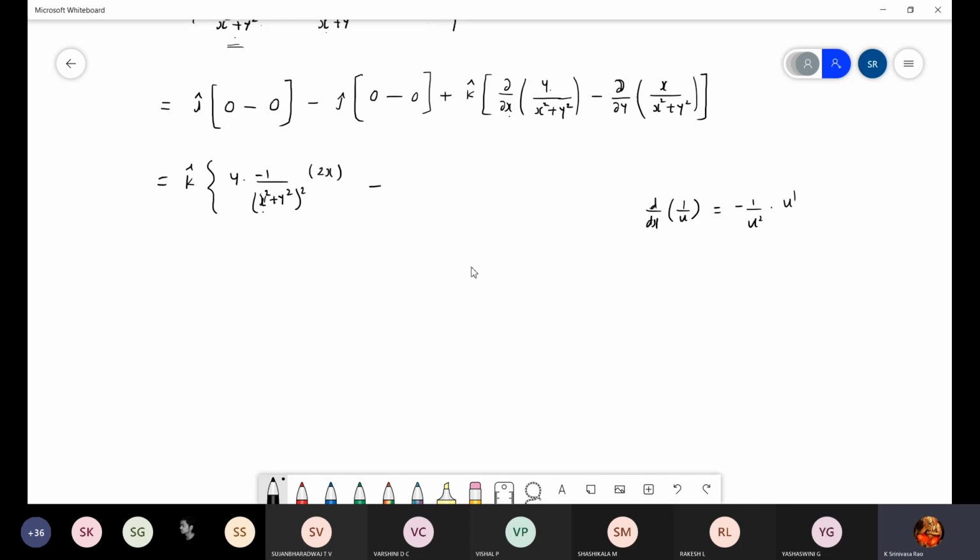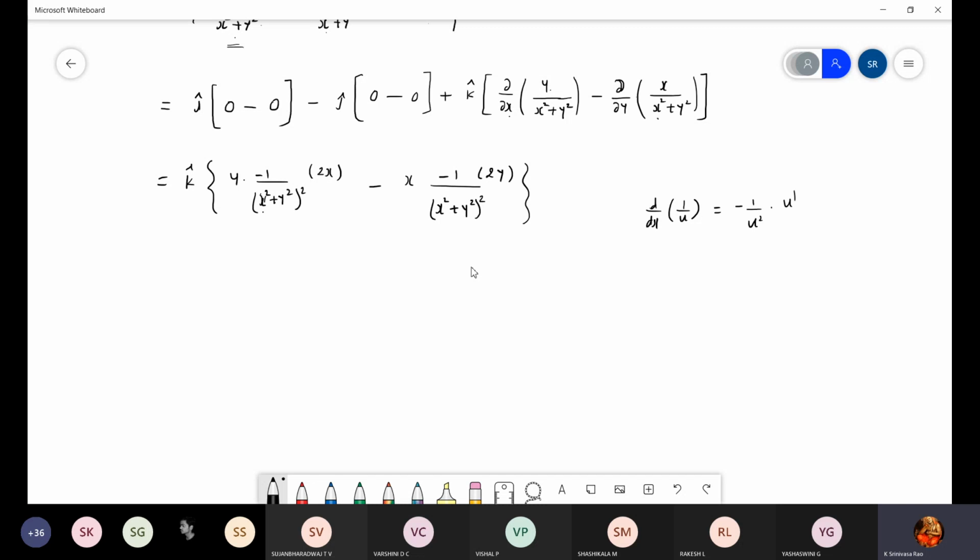The second term, the same way with respect to y, x is constant: minus 1 divided by x square plus y square whole square into, with respect to y, x square differentiation is 0 and y square differentiation is 2y.